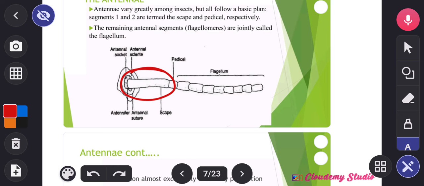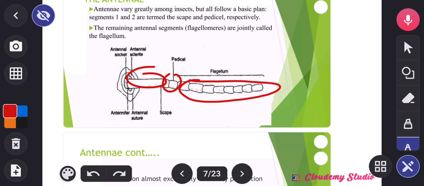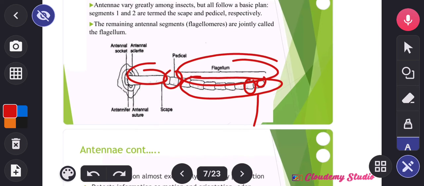The remaining antenna segments are jointly called the flagellum. I think I made a mistake here. So this is the scape and this is the pedicel, and the remaining ones are called the flagellum, and each of these segments is called a flagellomere, which means this is one flagellomere, this is another flagellomere. All of them join together to form the flagellum.